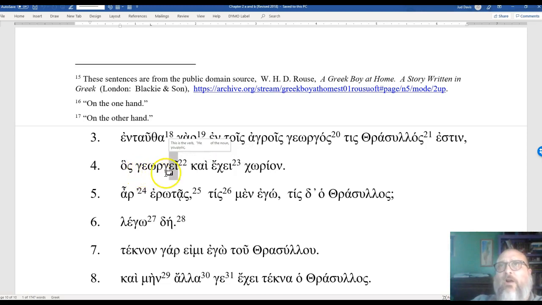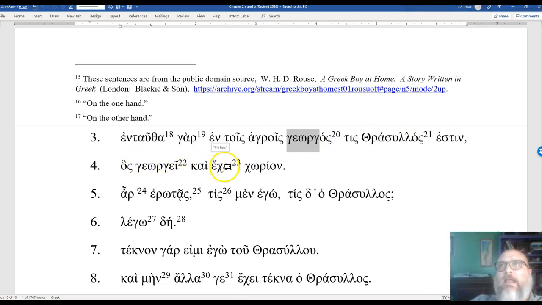And notice the verb Georg is the same as this noun. So this is the noun version. This is the verb version. For there in the fields, a certain Georgos is a certain Georgos, who Georges. There's a certain farmer who farms.